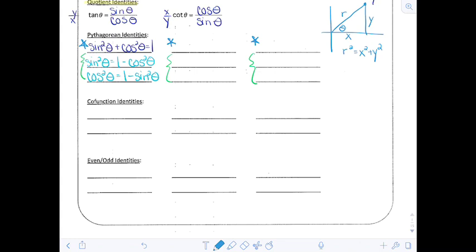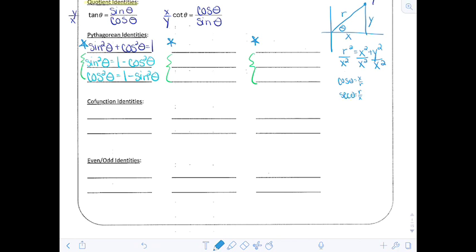And this time, we're going to divide everything by x squared. So let's do r squared over x squared, equals x squared over x squared, and y squared over x squared. So r squared over x squared. Remember that if cosine of theta was x over r, then r over x was the secant of theta.